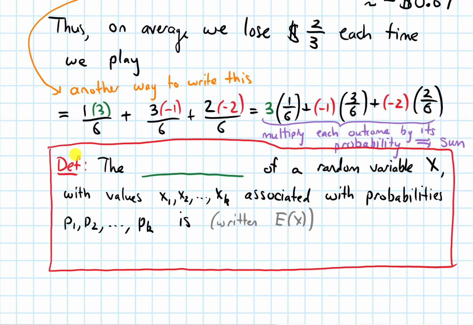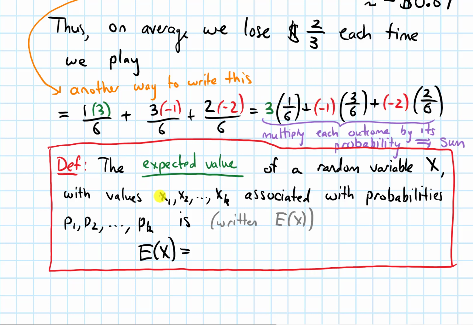Alrighty, so we are ready for this definition, which says that the expected value of a random variable X with values x1, x2, dot, dot, dot, up until xk that are associated with probabilities p1, p2, dot, dot, dot, up until pk. The way I'm going to notate expected value is to write capital E, and in parentheses I'll put my random variable capital X. So the formula for expected value is going to match the type of thing that I saw here.